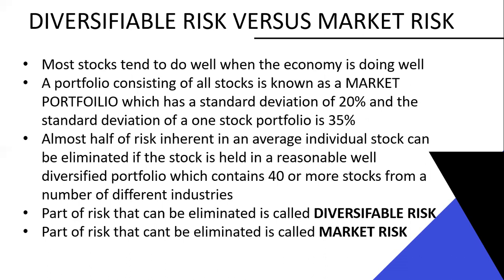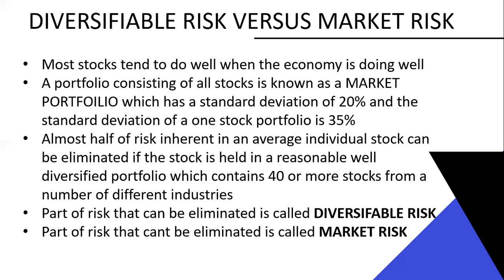And the standard deviation of a one-stock portfolio is 35%. So again, you can see that if you have a portfolio of a lot of different stocks, the standard deviation is going to go down. Almost half of the risk inherent in average individual stocks can be eliminated if the stock is held in a reasonably well-diversified portfolio, which consists of 40 or more stocks from a number of different industries.